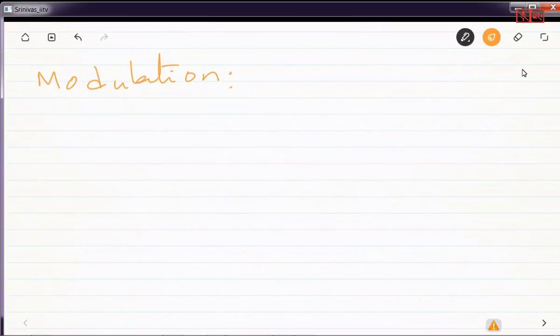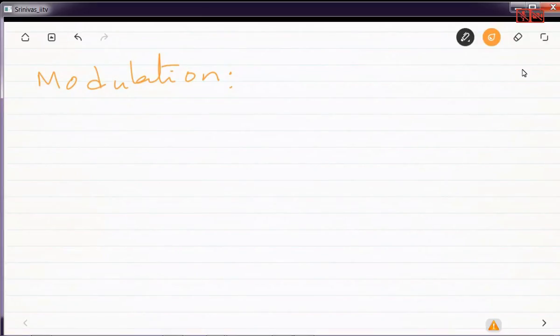Let us ask the question: why do we need to do modulation at all? Why don't we send the information signal as it is? Why do we need a carrier signal, and that too a high frequency carrier signal?